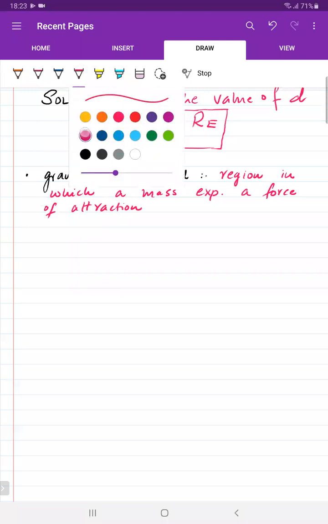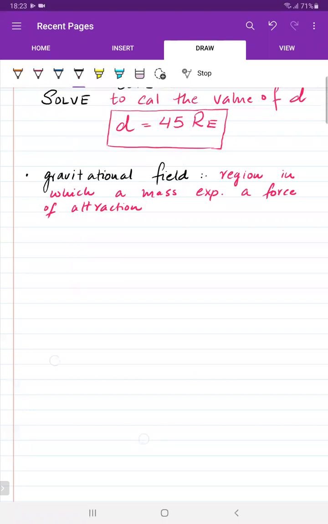अच्छा, second चीज, if they ask you to define the term gravitational field strength, ठीक है, the names do appear to be similar, but the definition is kind of different.